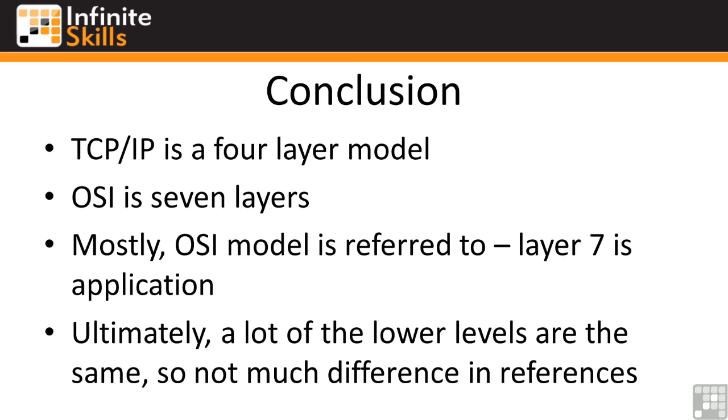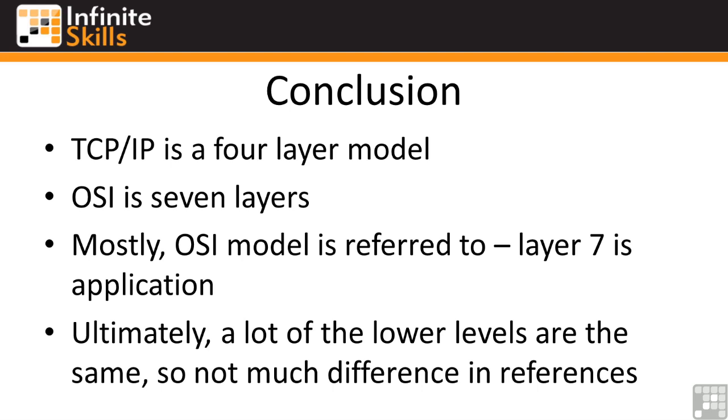Ultimately, a lot of the lower levels are the same, so there's not a lot of differences, and you don't really hear a lot of people talk about layer 5 and layer 6 anyway. So the application layers for most purposes would be discussed in kind of the same way.